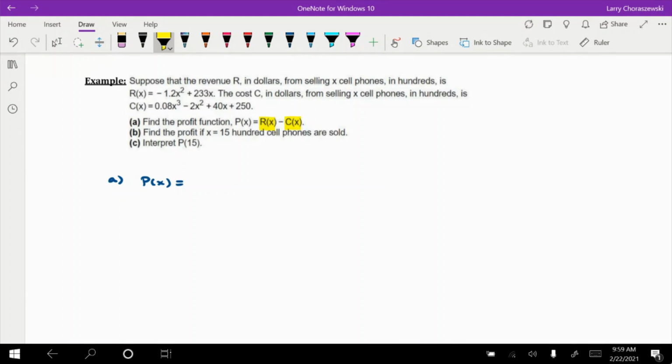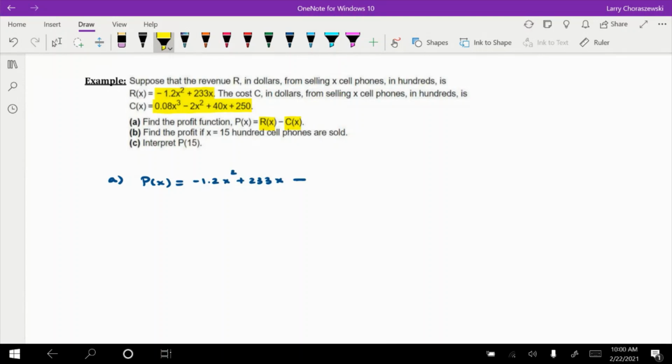So I'm going to replace the function notation R of x with the expression negative 1.2x squared plus 233x. And from this expression, we're going to subtract the expression 0.08x cubed and so on and so forth.